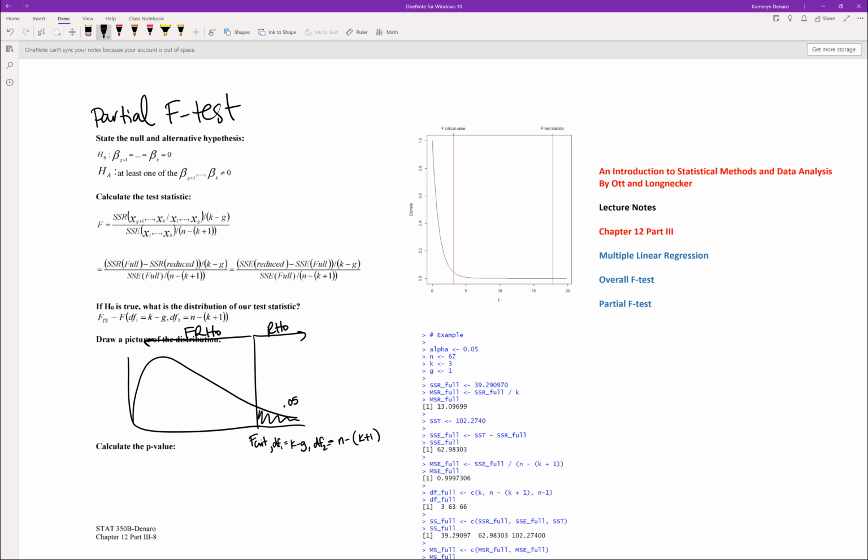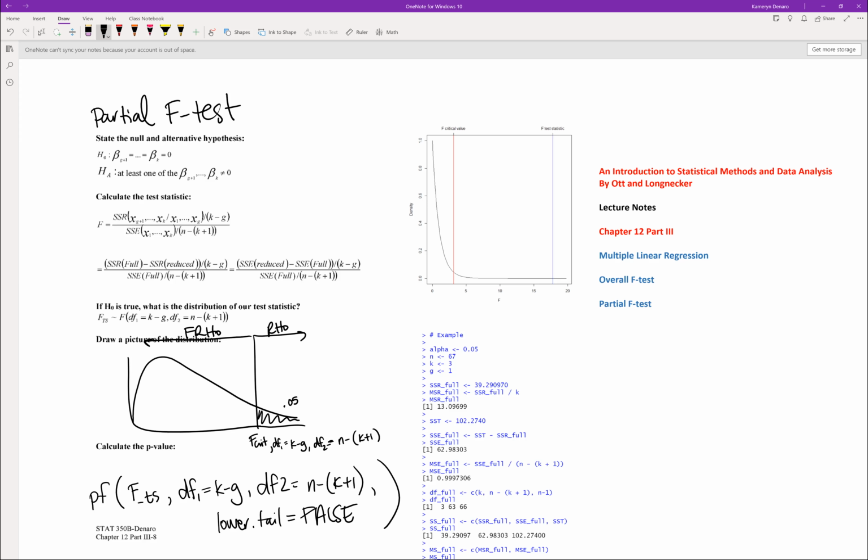To calculate the p-value, you can do this in R. We can use the probability under an F distribution that our test statistic from the partial F-test is equal to that, using our degrees of freedom 1, which equals k minus g, and degrees of freedom 2, which equals n minus the quantity k plus 1. Then we say lower.tail equals false because we want the area in the upper tail.